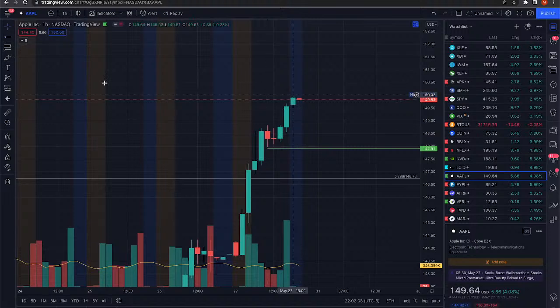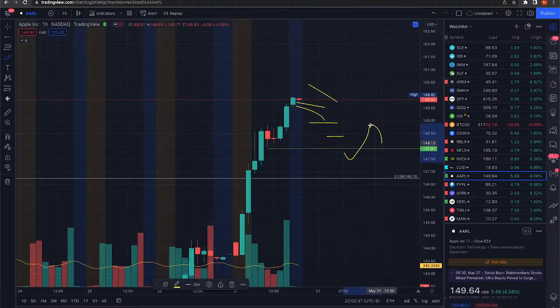So depending on where we open, I won't get in right away. I'll just wait for either a bull flag like this little one that happened here, or for it to drop like this and get in around 148. Try to scale in, make a couple entries, one here, one here, and then obviously if it breaks, wait for a bounce and get out, right?